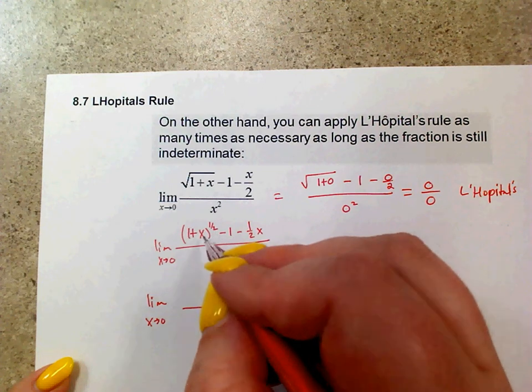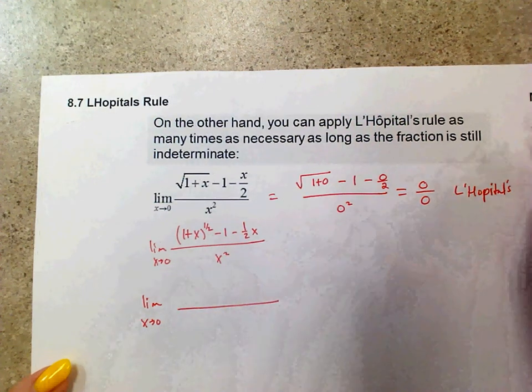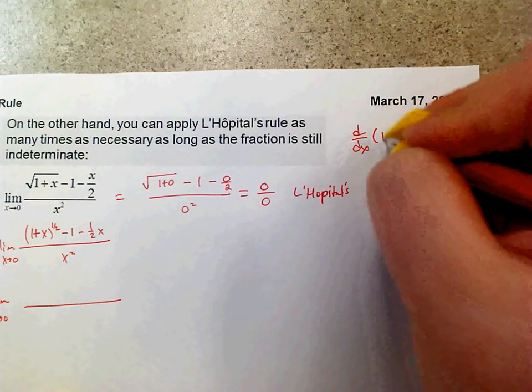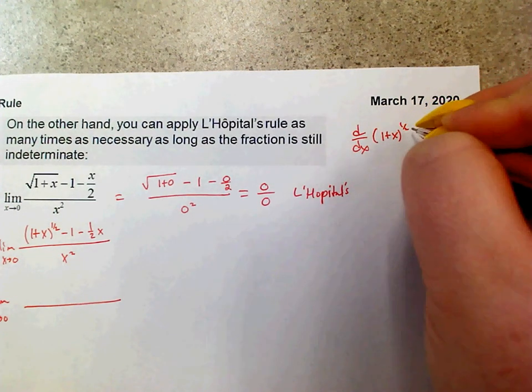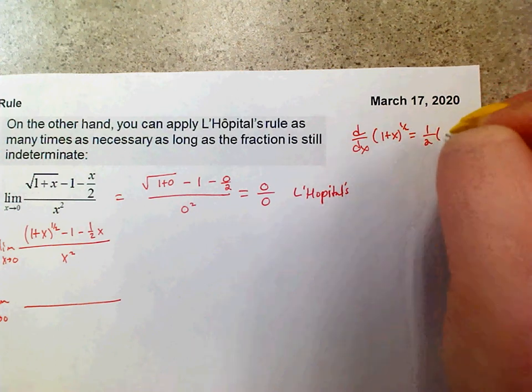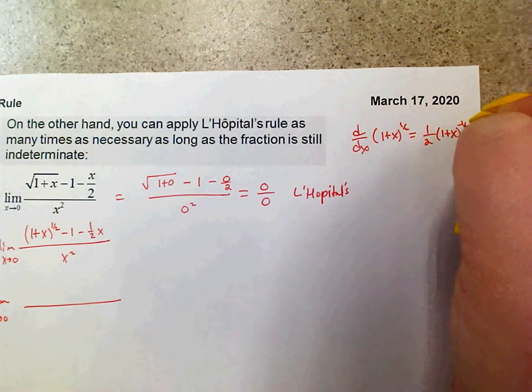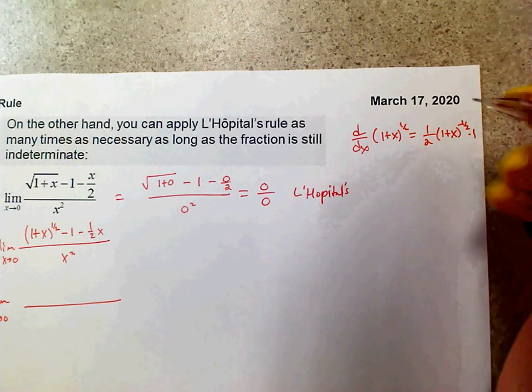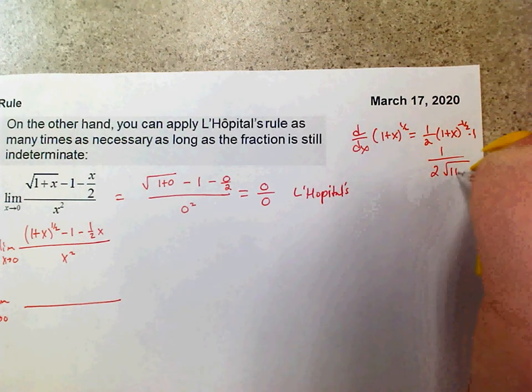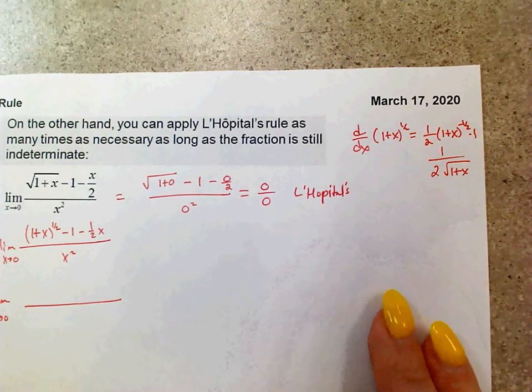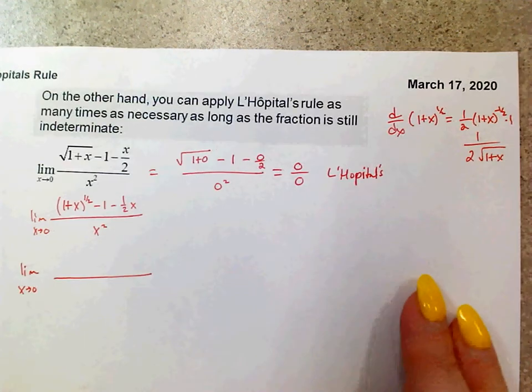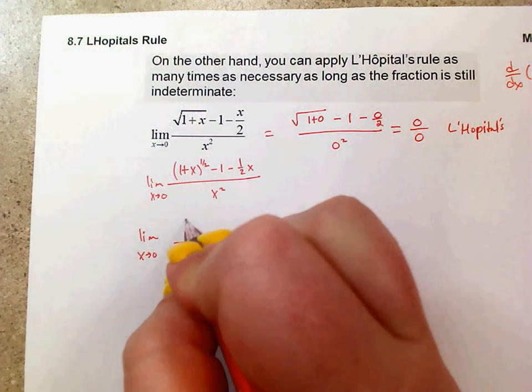Just as a reminder, the derivative of the square root of something is 1/2, and then the square root of it in the denominator, right? 1 over 2 square roots of 1 plus x. So 1 over 2 square roots of 1 plus x.